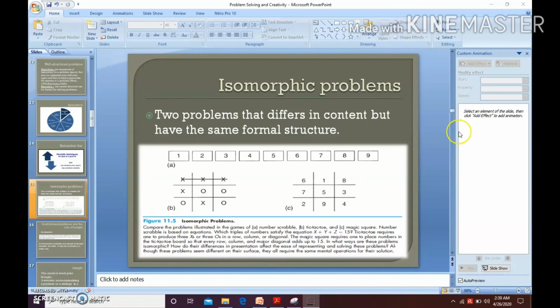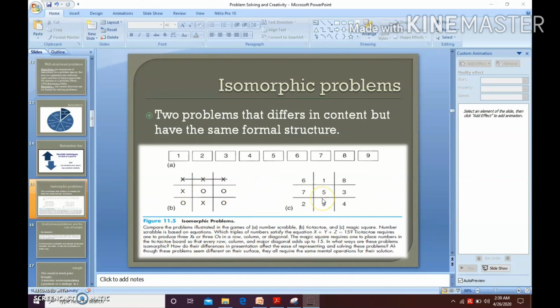So to be honest, I've never encountered number Scrabble, or maybe I have, but I forgot already. But here in tic-tac-toe, I can say that we can apply heuristics, we randomly select where we put X, O, whatsoever.